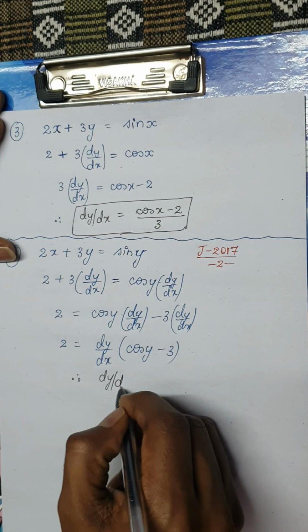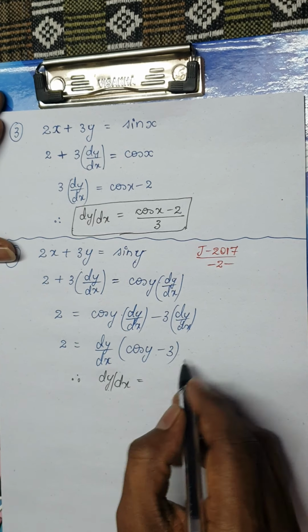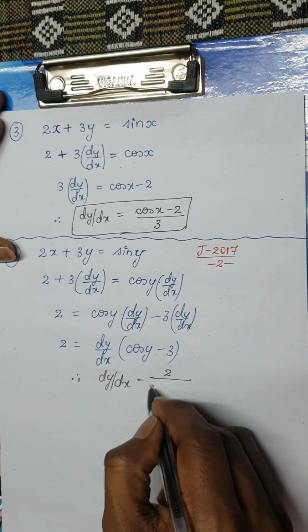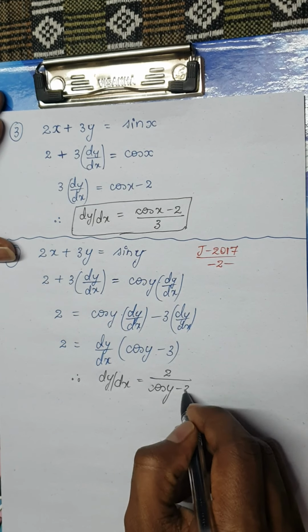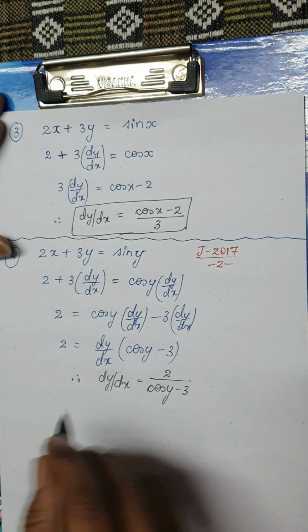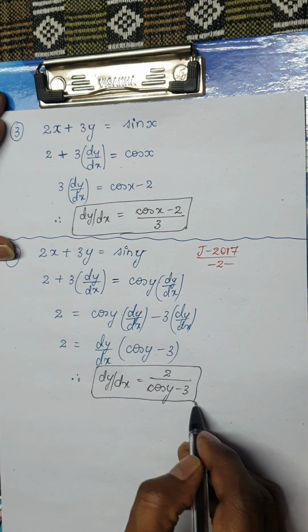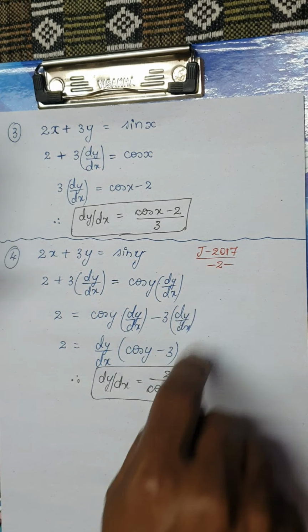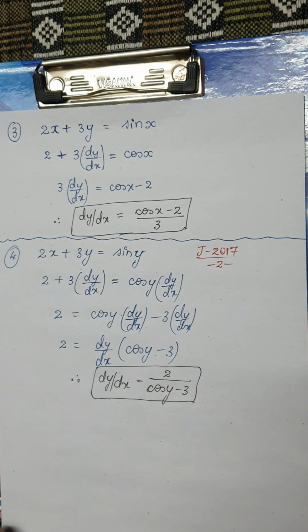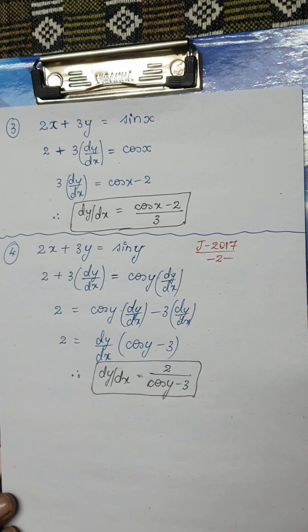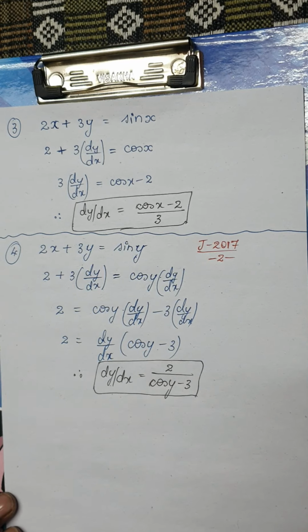Therefore, dy by dx is nothing but 2 divided by cos y minus 3. Okay, so this is how I get my dy by dx. So look here, you can see very easily I can get my 2 marks on this part. Okay, shall we move to the next one?